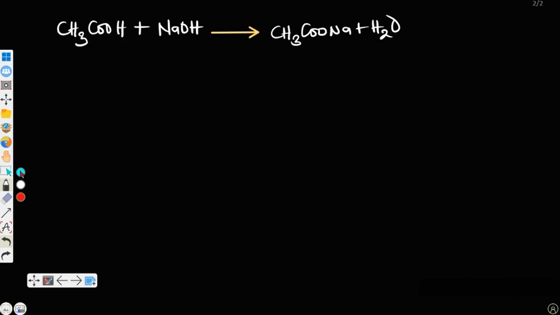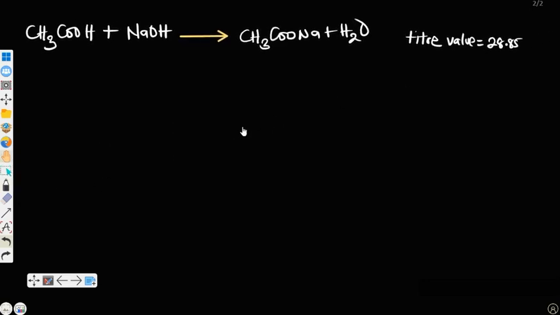So you come here at the corner and write your titer value. What was the titer value? I'm just going to write it here. Titer value is what? 28.85 ml. Are you getting it? 28.85 ml. Now, what is the titer value giving us?